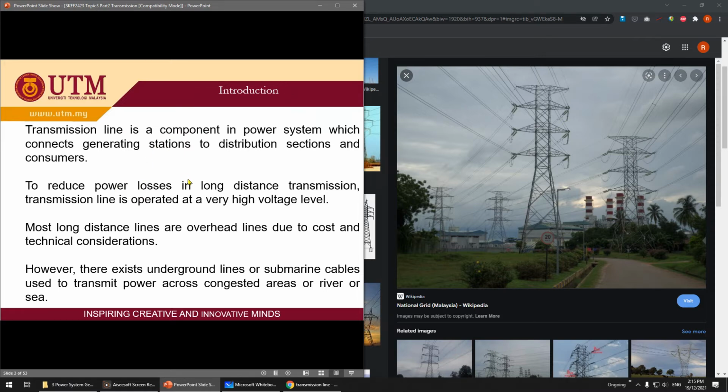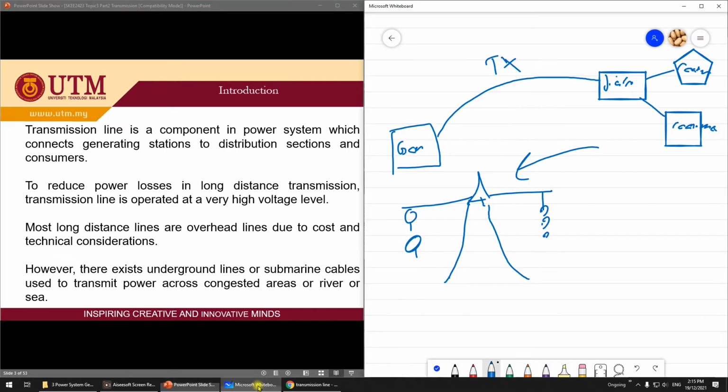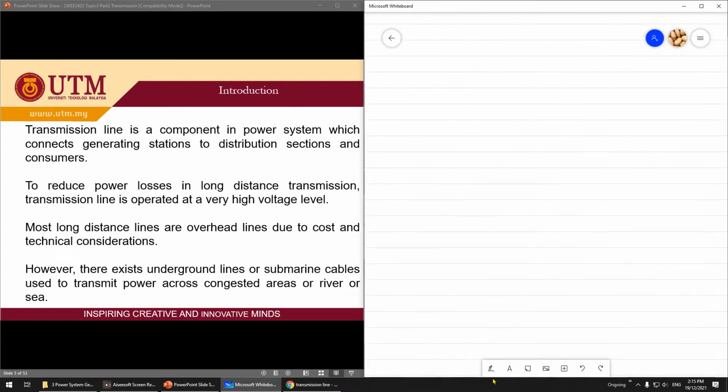To reduce the power loss, a long distance transmission line operates at a very high voltage. I already mentioned this before. If you recall, in the transformer, for example, you have a generation at 11 kV, or 10 kV to make it easy to calculate, though it's not a standard one.